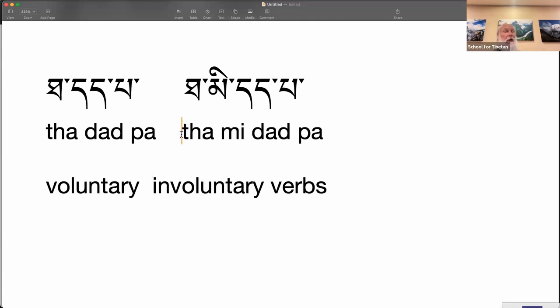For example, you think something. It is actually a tamidepa verb because your thinking does not go into an object. It is you who thinks. You think something, but that something is not permanently permeated by your thinking.